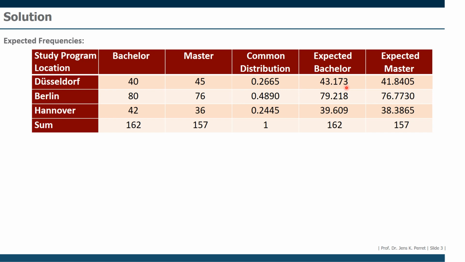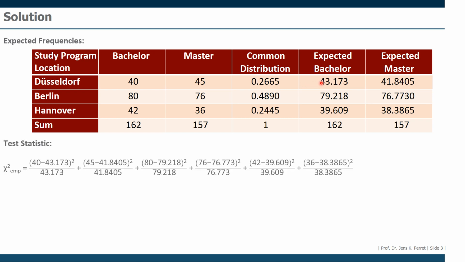And then for each of the 6 entries, we can compare actual value and expected value. And that's how we get our test statistic, our chi-square test statistic, by just using these chi-square comparisons on this data. Chi-square comparison, this means actual value minus corresponding expected value, in parentheses, squared, divided by expected value.